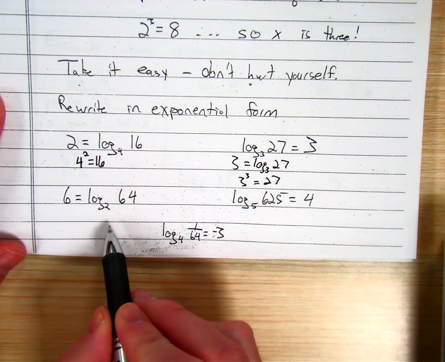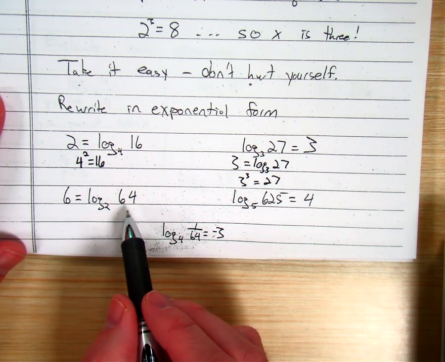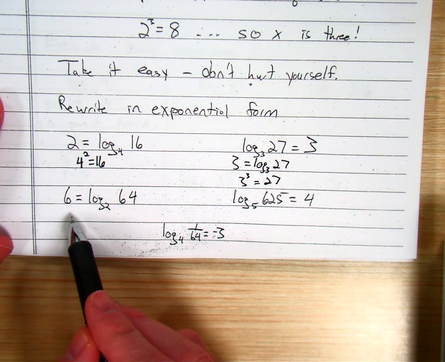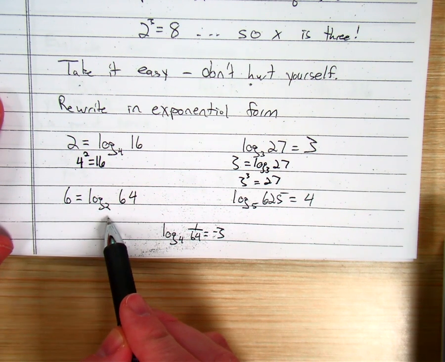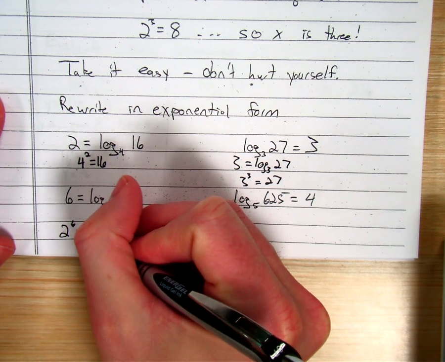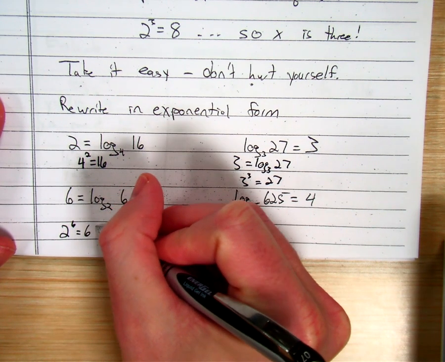Okay. This one might have been a little confusing because you're like 64, that's 8 squared. You're thinking this should have been an 8. Turn it around. We're doing 6 is the power of 2 that equals 64. 2 to the 6th is 64.